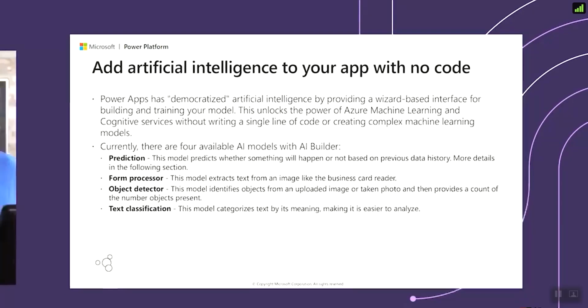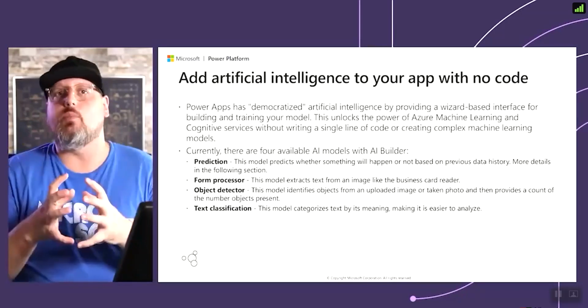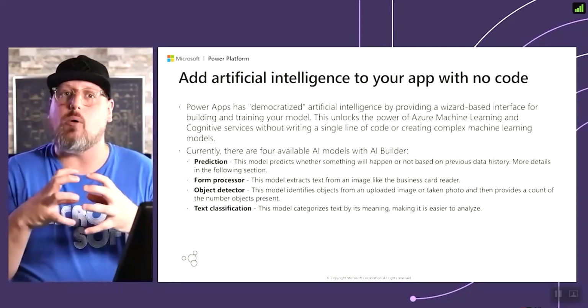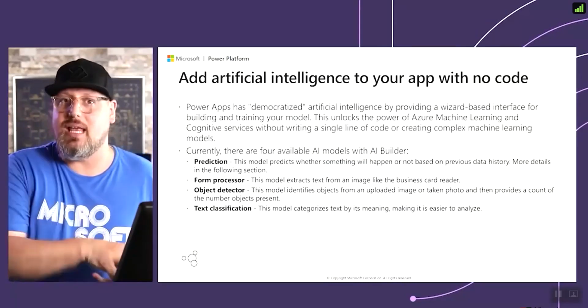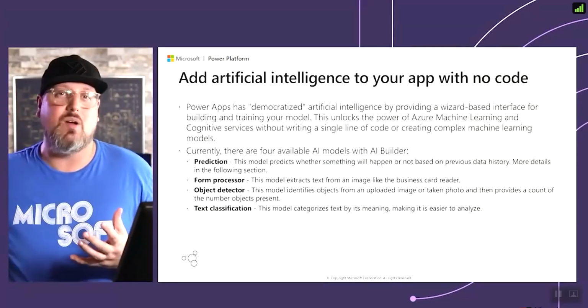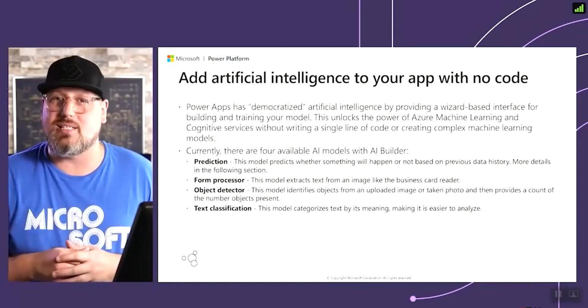And this AI Builder capability is very important because not only it lives within Power Apps, you have a button to say, hey, I want to scan a business card and extract the information of the business card and create a new contact into my CRM. You also have receipt processing.